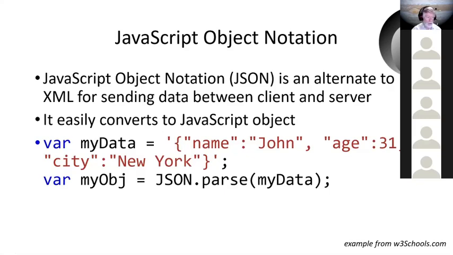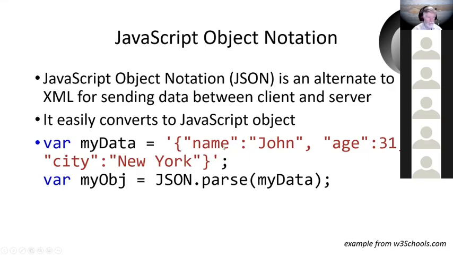In this case, the first name is name, N-A-M-E, and the data is John. The next one is age, and the data is 31, and then city, and the data is New York. You note that the tags are always in quotes, and the data is in quotes if it's character data. The 31 isn't in quotes because it's a numerical value. So numerical values don't have to be inside quotes.